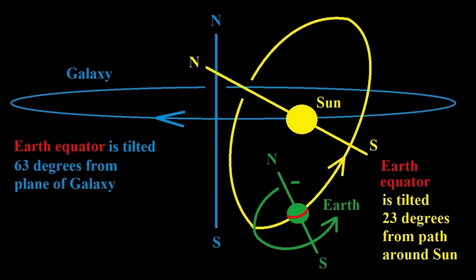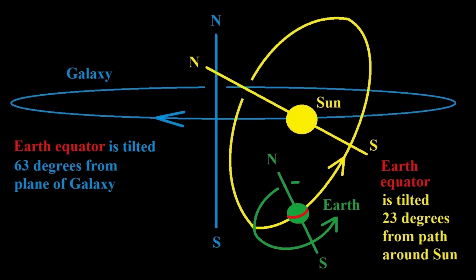This is because the north-south axis of the Earth's rotation does not align with the north-south axis of the sun's rotation, nor even the north-south axis of the galaxy's rotation. Said in a different way, the Earth's equator is tilted 23 degrees from the Earth's path around the sun.